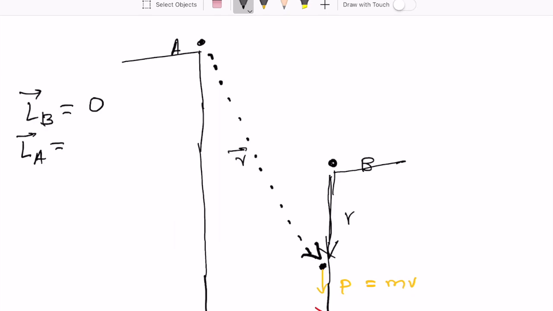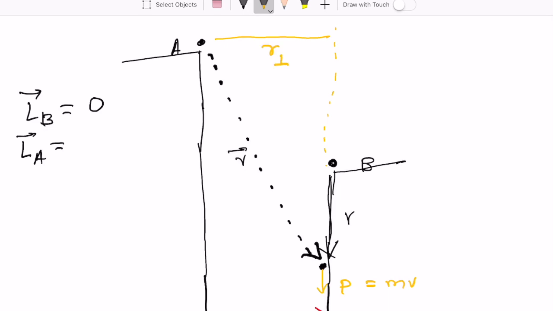To find the lever arm of p, you would draw a line through the vector p. The line would go like this. And then you would make a perpendicular from the reference point out to that line. So that perpendicular would look like this. And this would be the lever arm of the momentum vector.